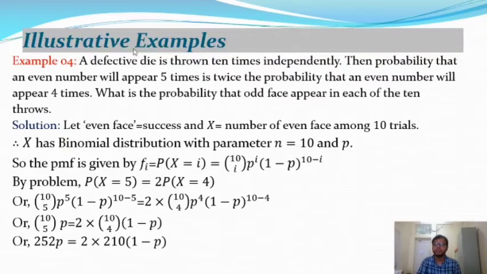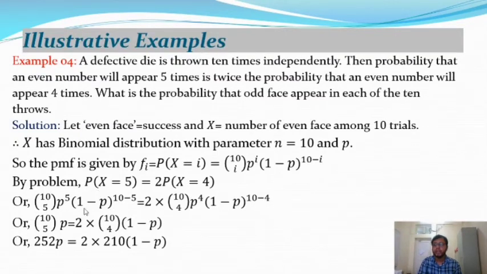Now applying the binomial distribution on both cases, we'll get 10c5 p to the power 5 into 1 minus p whole to the power 10 minus 5 is equal to 2 into probability of x is equal to 4, which is 10c4 p to the power 4 into 1 minus p whole to the power 10 minus 4.